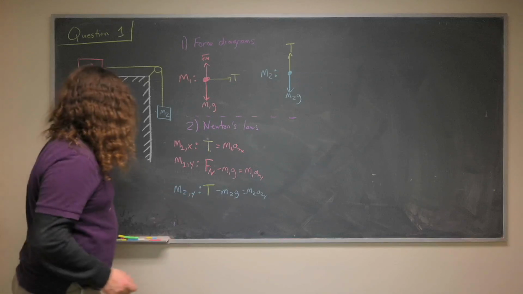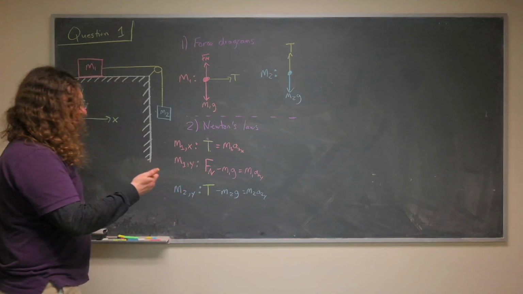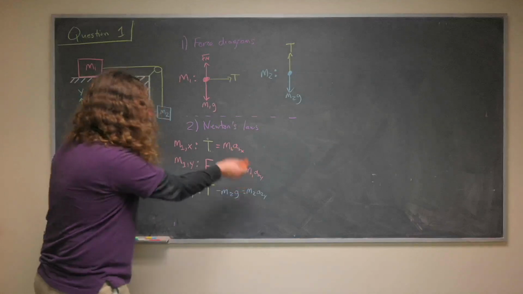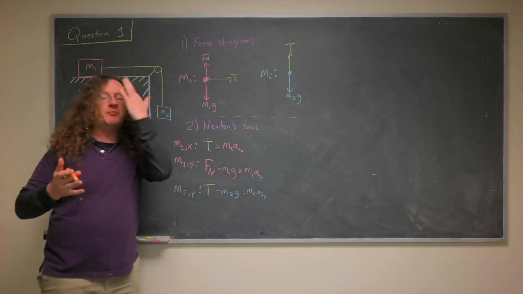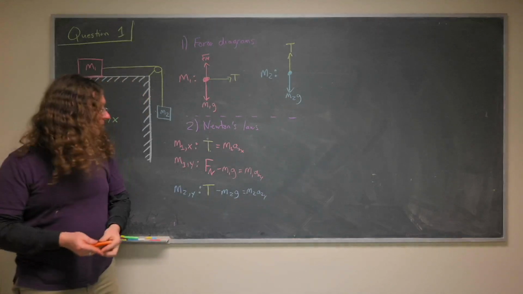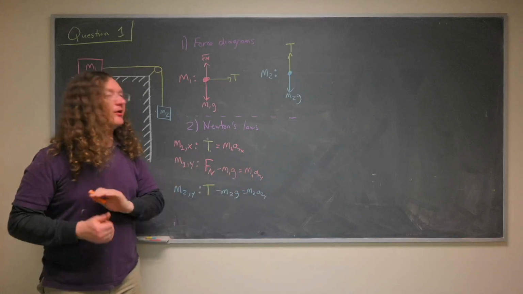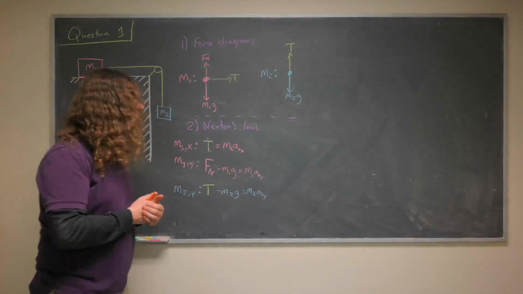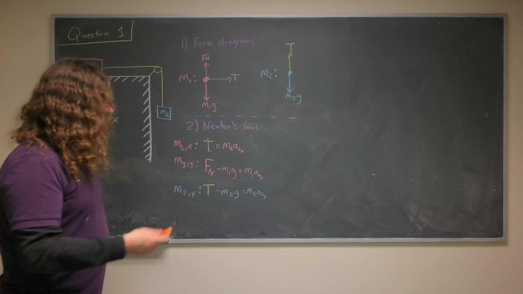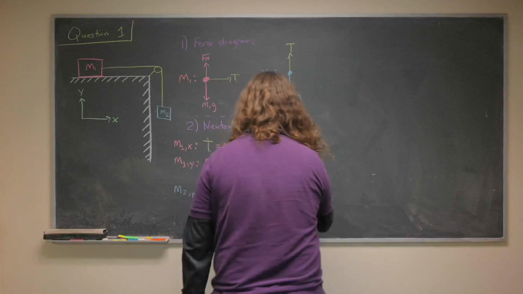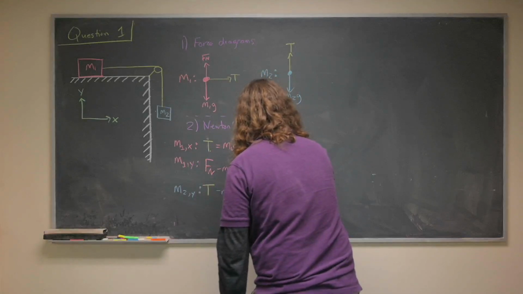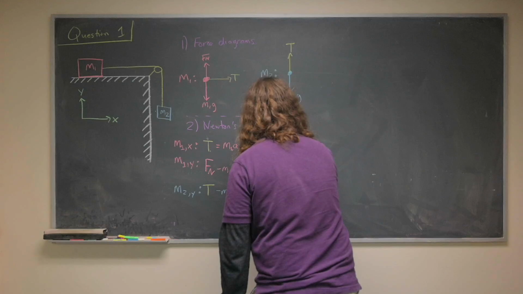Now, a couple things. Notice that I've used different acceleration variables for everything. Whenever you have a problem with multiple objects, the safe thing to do is to use different acceleration variables for everything and think about their relationship later. So here, in this case, I know a1y is 0.